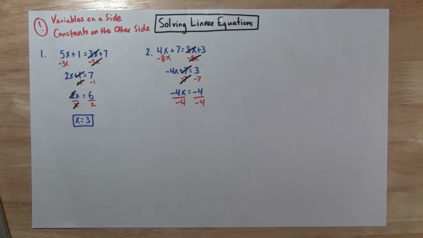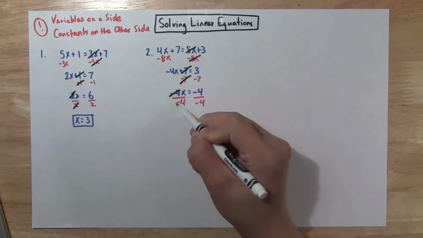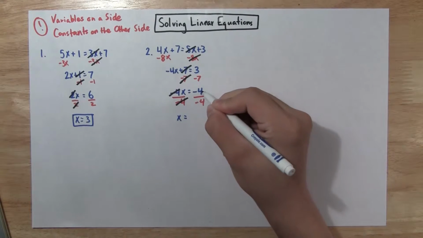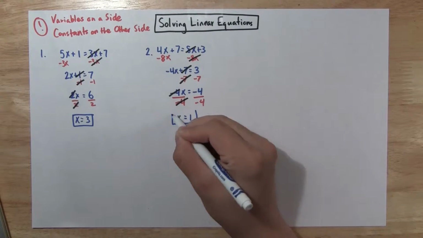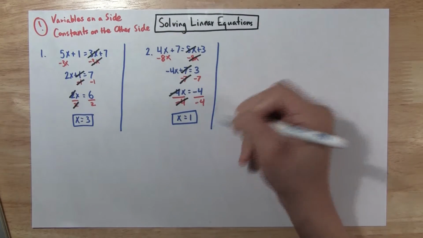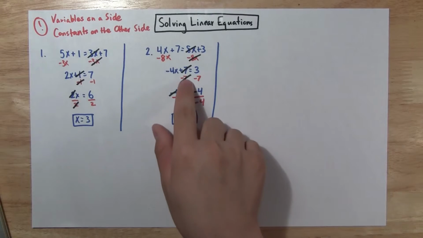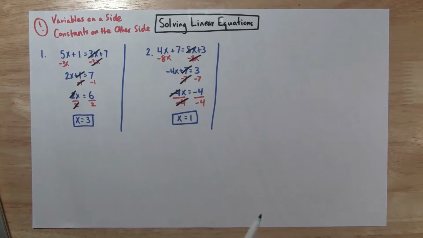Negative 4 divided by negative 4 cancels out, and you're left with x equals negative 4 divided by negative 4, which is just equal to 1. So this is your solution to this problem: x equals 1. Once again, we got that because we were able to isolate all the variables on one side and all the constants on the other.